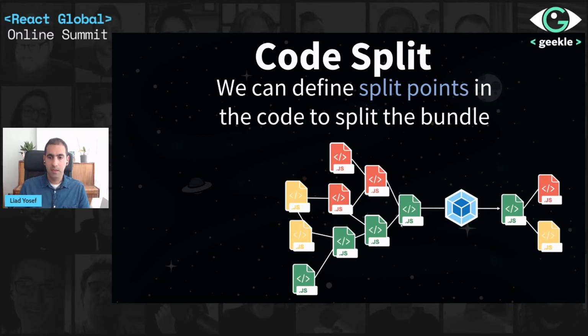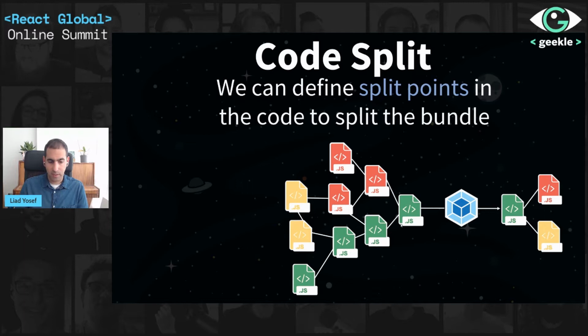So for example, I can decide that the yellow files here are related to one area of the code, and the red files are related to another area, etc. So I want Webpack to bundle them in different files, and maybe the green part is my entry point, and I want the entry point to be loaded first, and only if the red part is needed, it will load the red file.